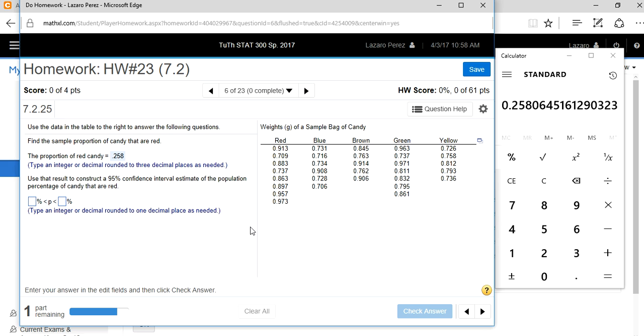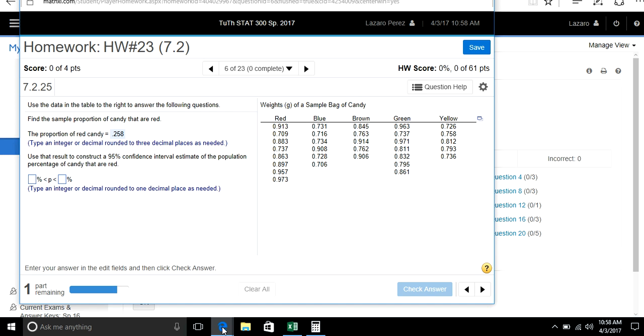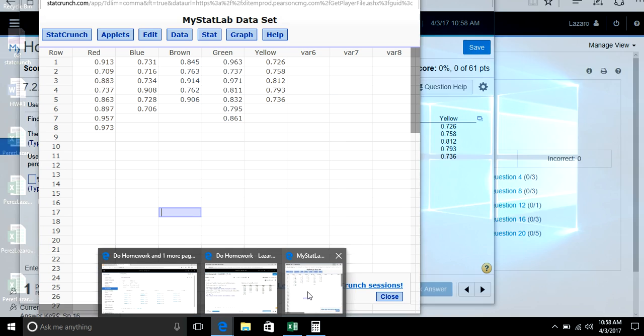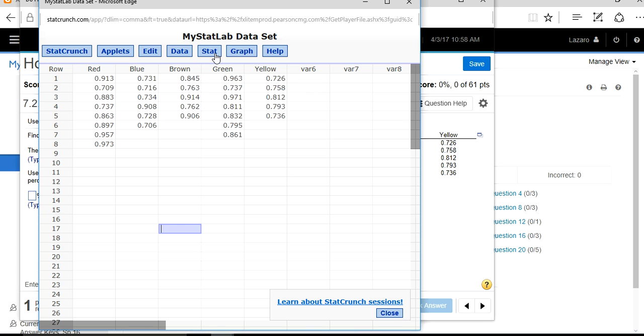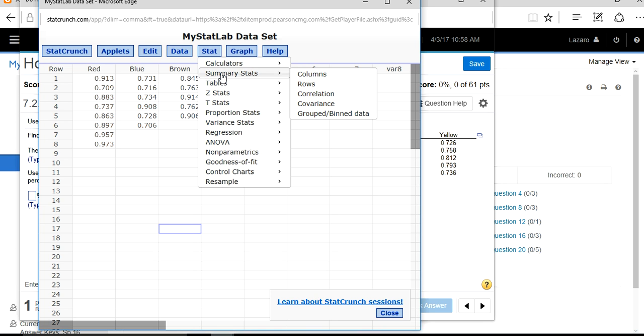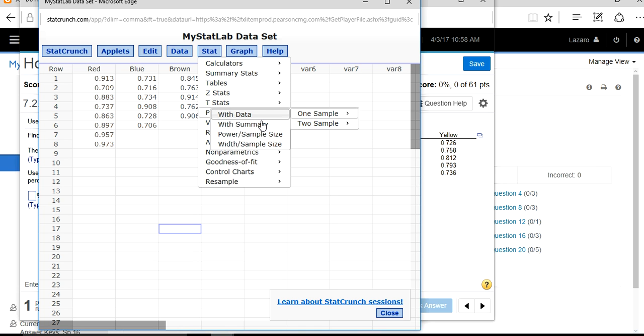Now the next part is find a confidence interval. So this one you're gonna need StatCrunch as well. So go ahead and pull it up. So we go in Stat, go to Proportion Stats, correct? With Summary.